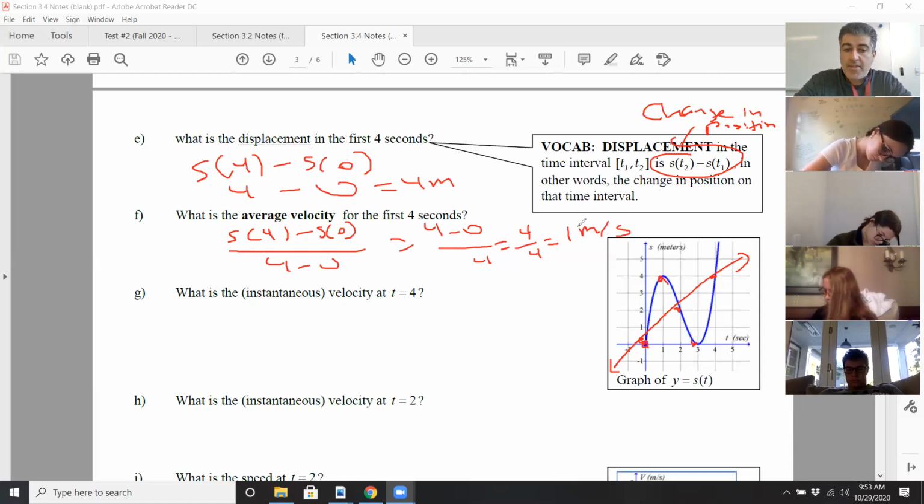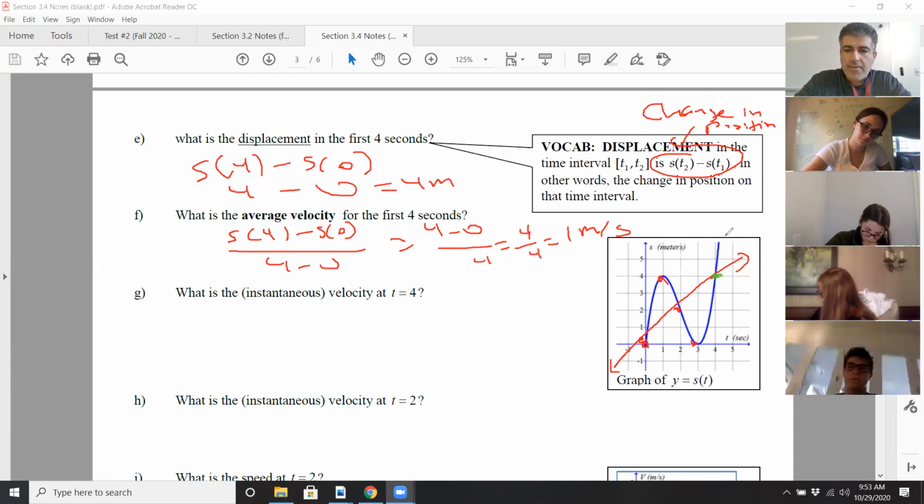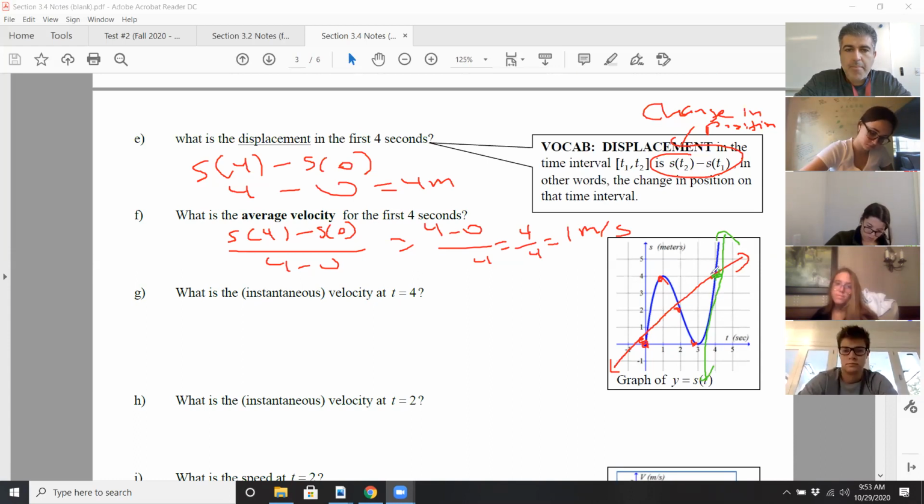What's the instantaneous velocity at t equals 4? Now that's going to be a derivative. Okay, I did a poor job drawing that, but that's going to be a derivative.